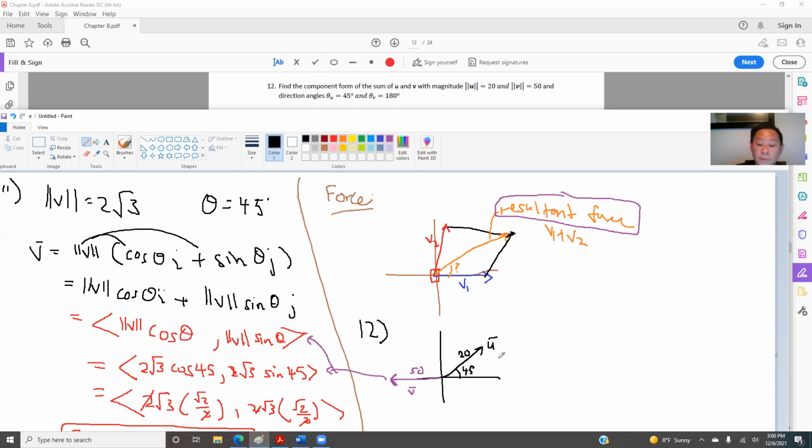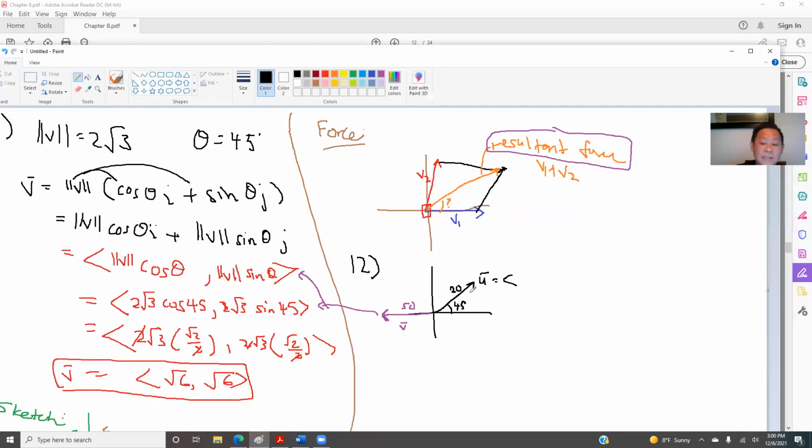To find vector U, based on the magnitude and the angle, it is 20 cosine 45 degrees and 20 sine 45 degrees.